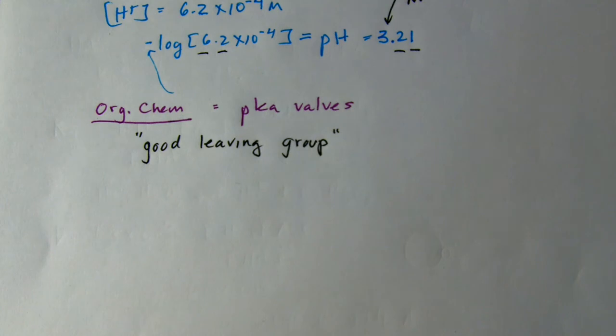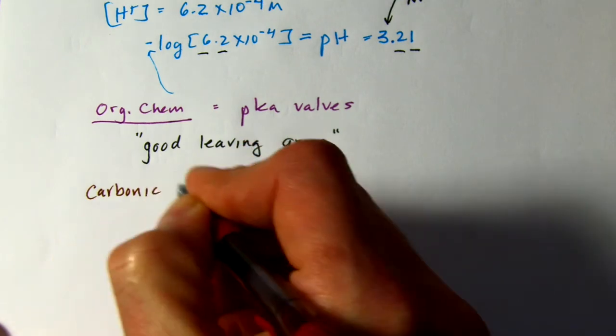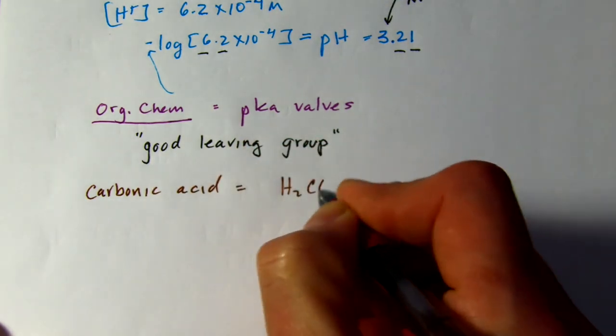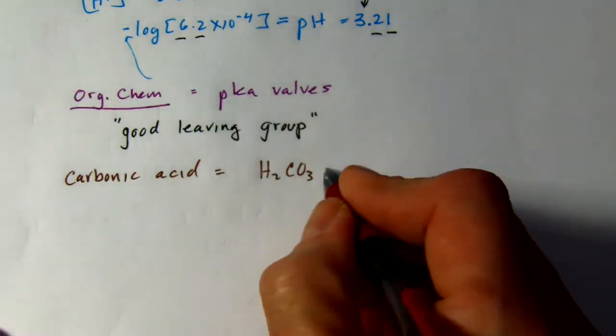But I'm going to leave it to you to determine what are good leaving groups, and certainly you'll have a table and a chart. But I think it's probably worth doing a couple here. If we talk about carbonic acid, that is H2CO3, and this one actually has two Ka values, right?